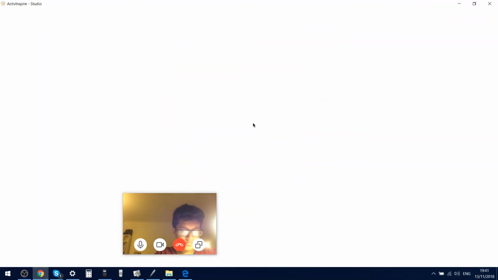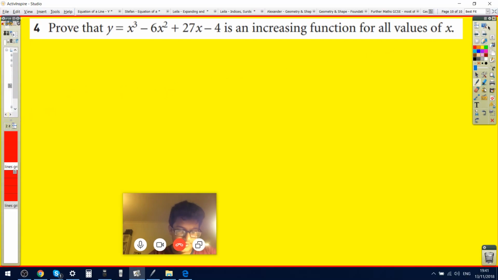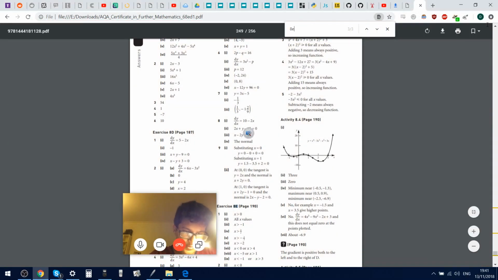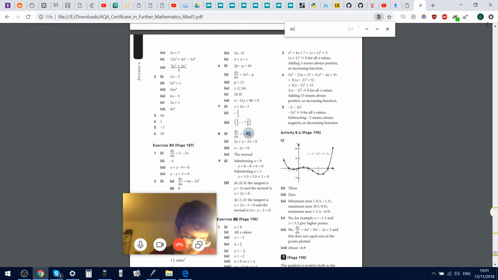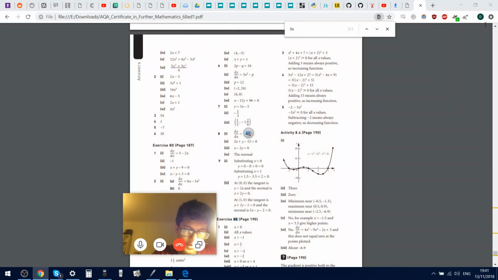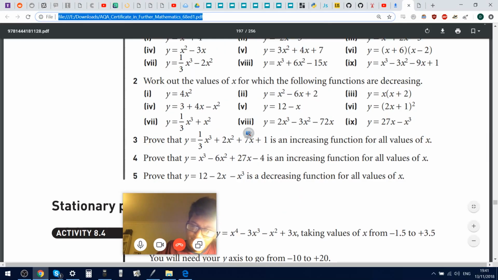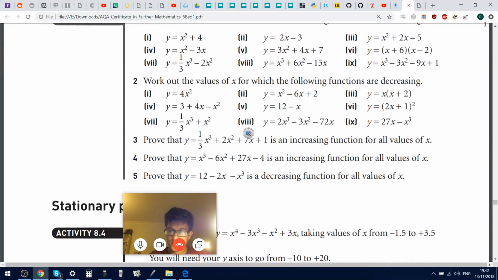They went about it a different way. Go on, what did you get? I'll just type that in the calculator. So 8 minus 24 plus 54 minus 4 gives me 34. Okay. So basically, x has to be greater than... So y has to also be greater than that.